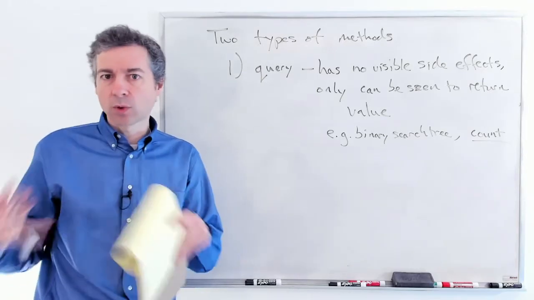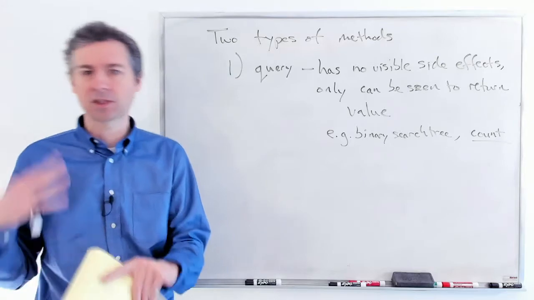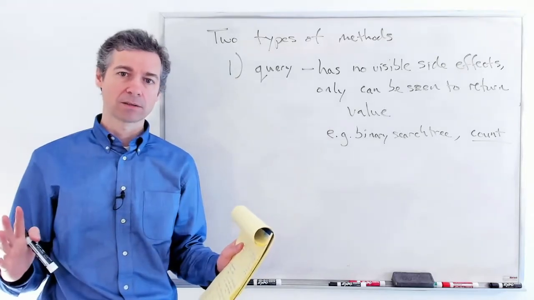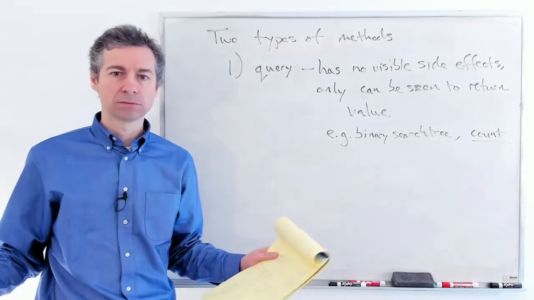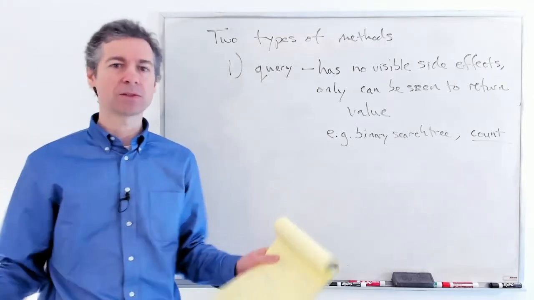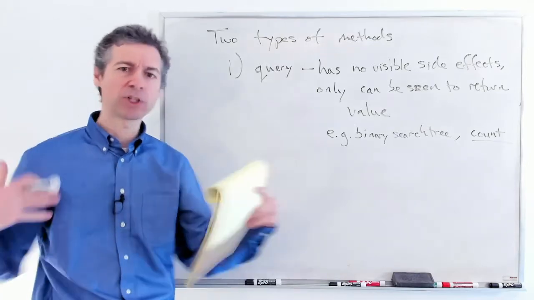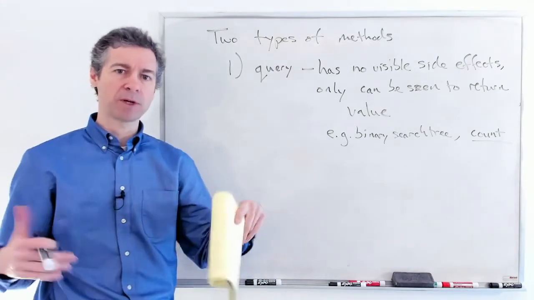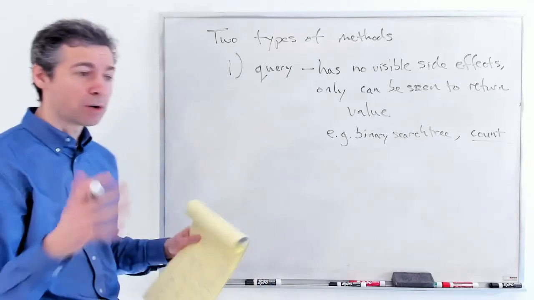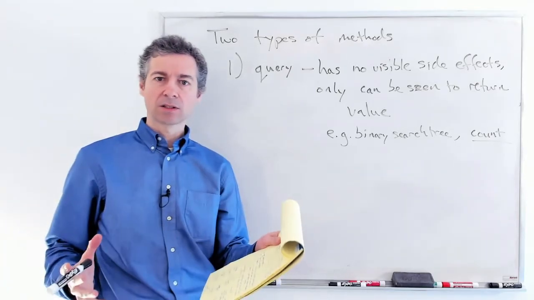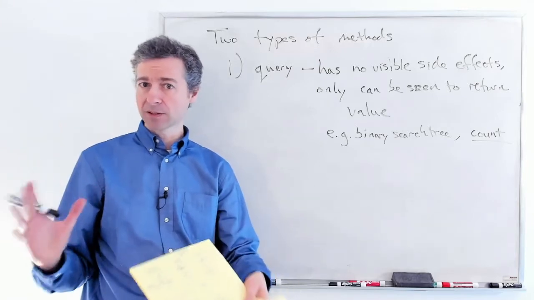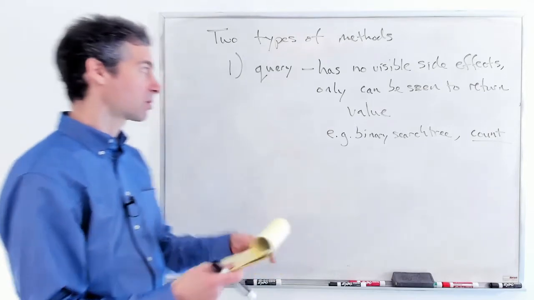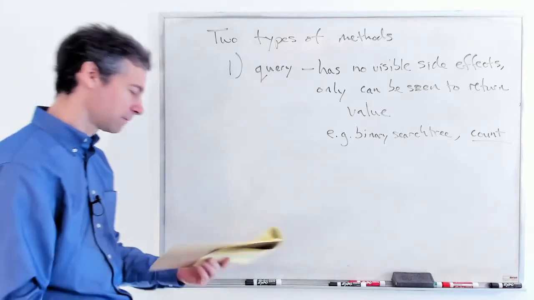We stored a value and we're checking whether anything changed in the meantime. But from the outside of the class, it's just, what's your count? Or what's the other property of this? Just return it to me. Do something and I just expect a return value from you. I don't expect anything else that I can tell from the outside of the class to actually have changed by me making this call. And so those are called query methods.